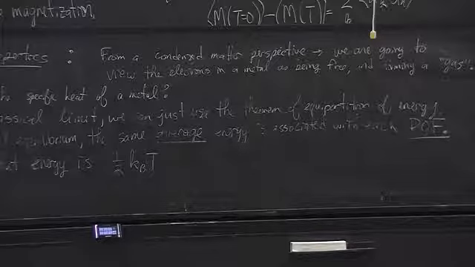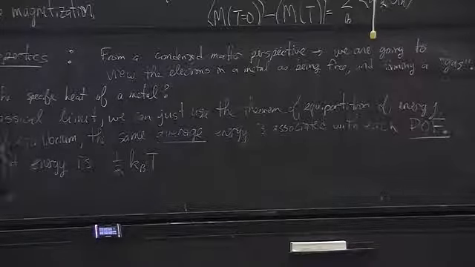So if I have a particle with 3 translational degrees of freedom, so I have a gas, and then it's an electron gas, I just sum all those contributions up.